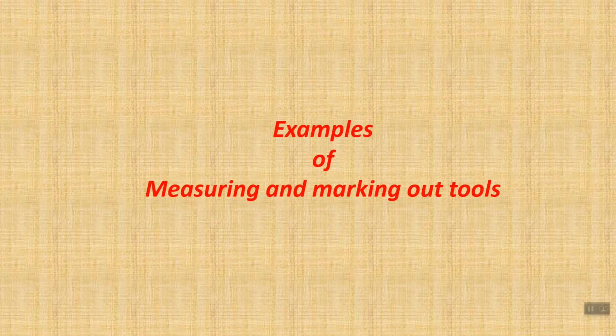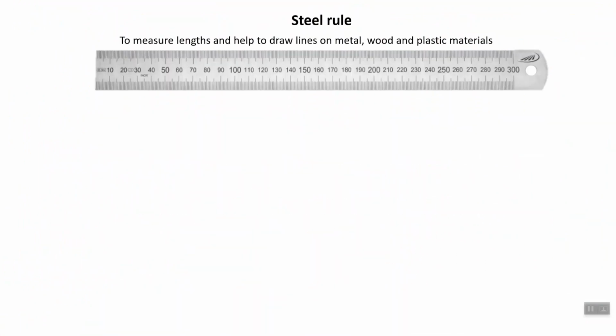So let us see some examples of measuring and marking out tools. First of all, there is the steel rule. In the workshop, we won't be using wood or plastic rulers. We use steel rules to measure lengths and help to draw lines on metals, wood, and plastic.